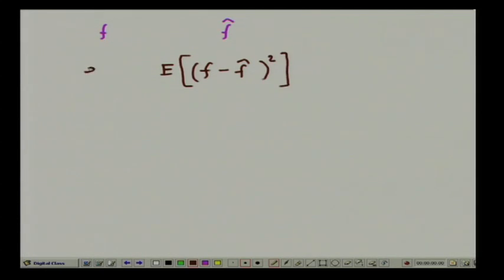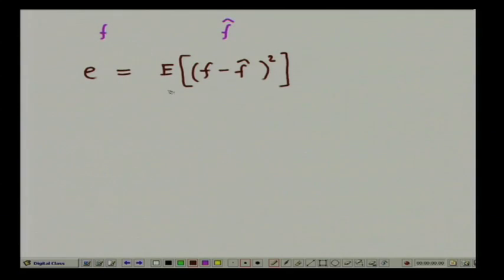So, the error value E is given by the expectation value of (f minus f hat) square, where f is the original image and f hat is the restored image from the degraded image. So, (f minus f hat) square gives you the square error, and this Wiener filtering tries to minimize the expectation value of this error.